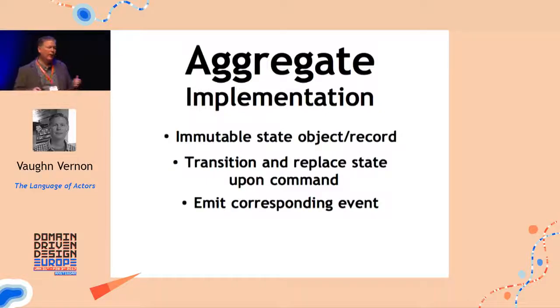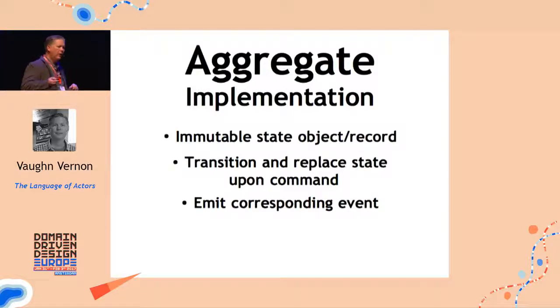Actually within the aggregate itself, I like to represent the state of the aggregate as an immutable object, or in functional programming, an immutable record. And so there's a way both through object-oriented if you're using Scala, for example, and if you're using a more pure functional language such as Erlang or Elixir, that you can represent the state changing through an immutable object.